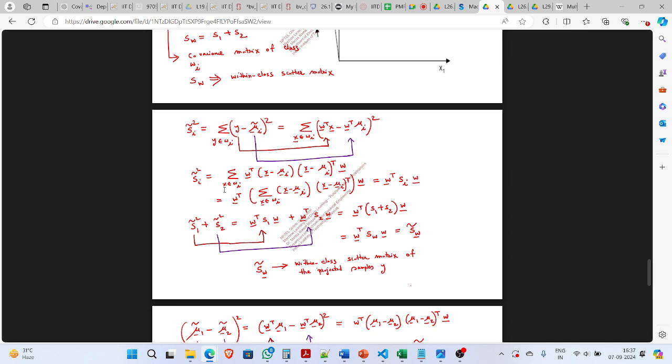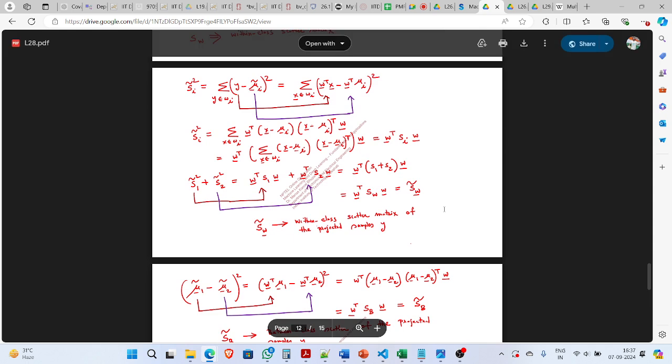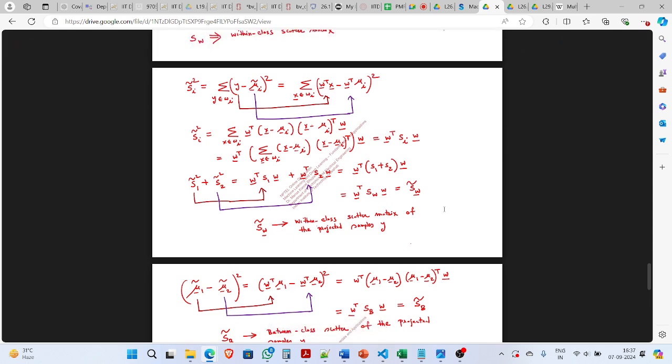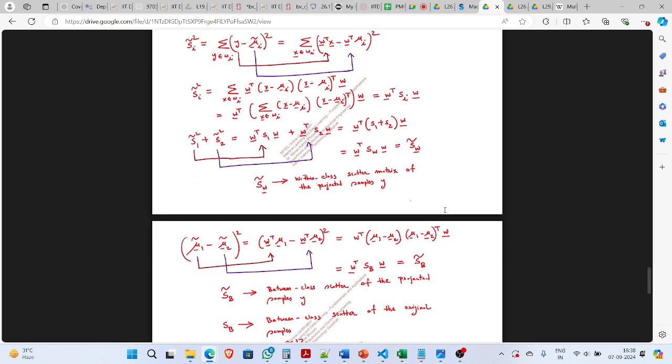As the w's are not dependent on the summation, or not dependent on x, they have come out, and you can write it in this transpose form. Similarly we do it and are able to sum up, and this is the S W, the sample covariance matrix.